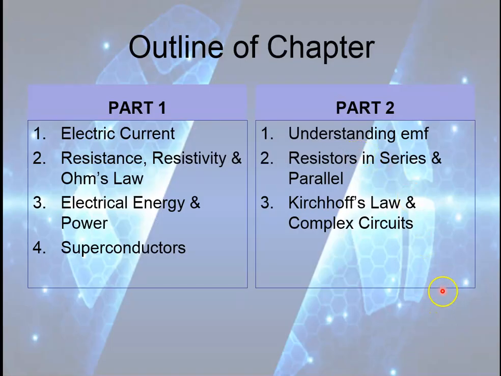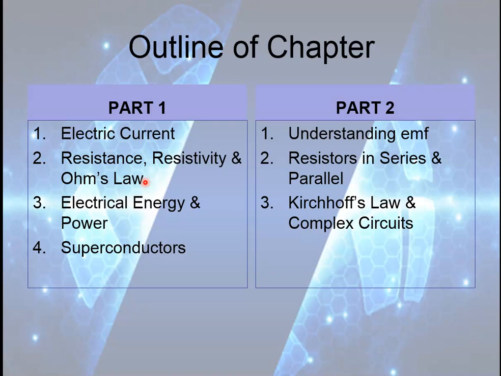This is the outline of both parts of this chapter. The first part we will focus on electric current, resistance, resistivity, and Ohm's law. In the previous chapter you learned about the capacitor, which is the name of the instrument, capacitance, which is the measurement that uses the capacitor in your circuit, and farad as the unit of the capacitance itself.